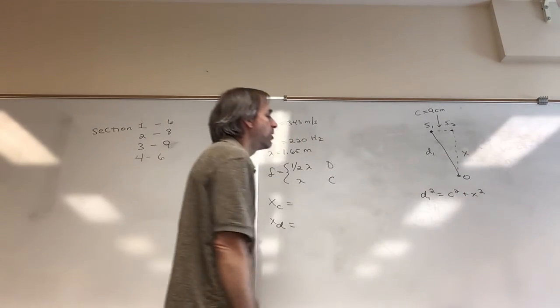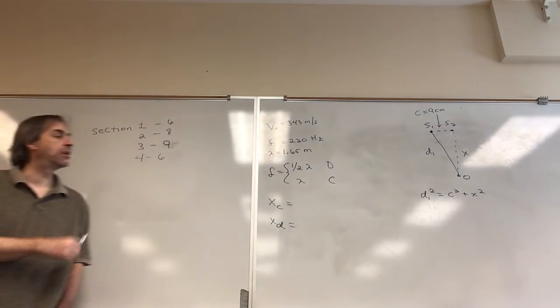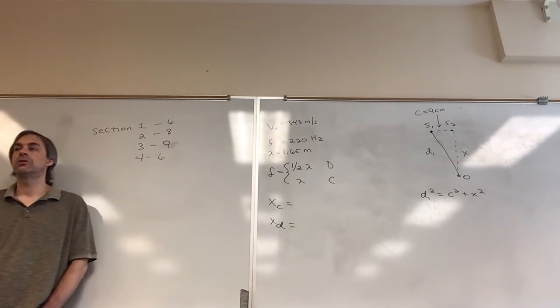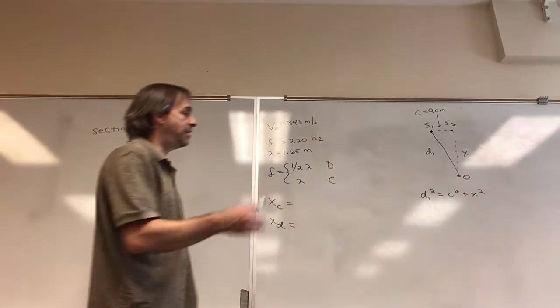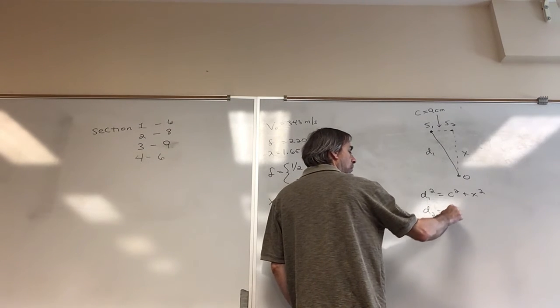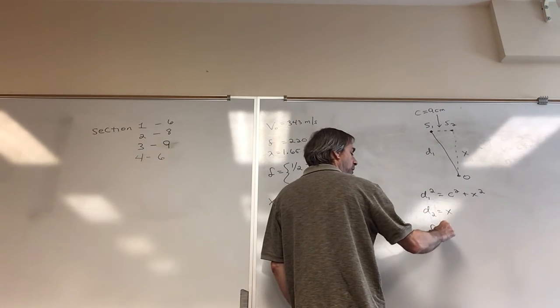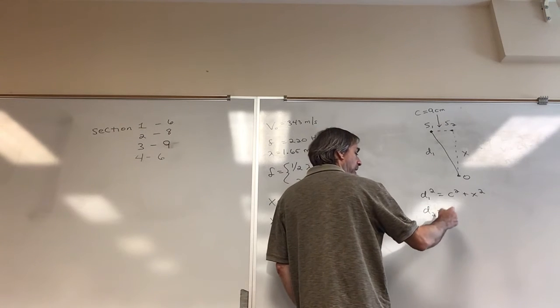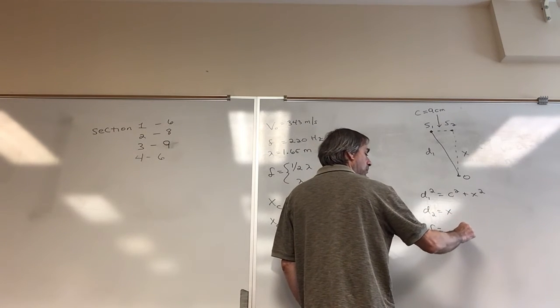So we can solve for D1 as a function of X by taking the square root. And D2 is just X. So the path length difference would be D1 minus D2.